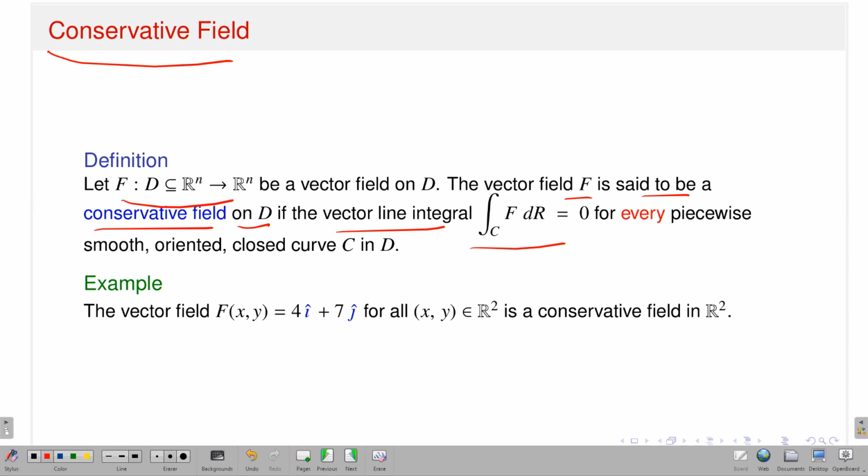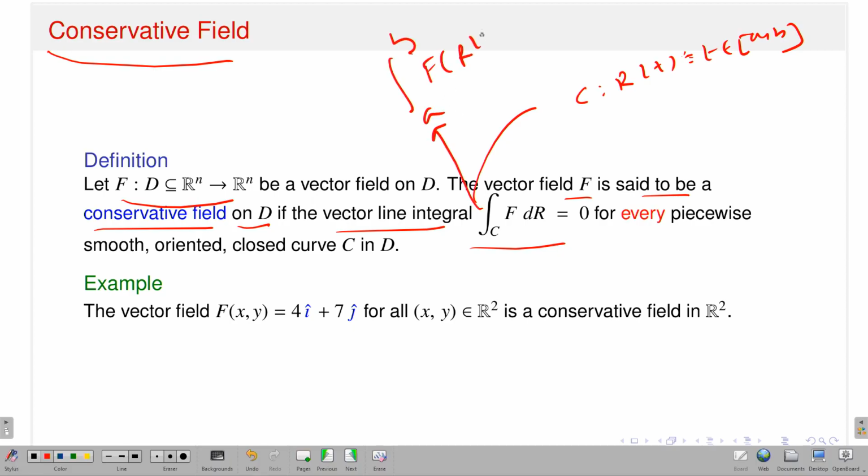But anyway, I already said that you can interpret this integral as follows: if C has the parameterization r of t, with t running over some interval a to b, then this integral is nothing but the integral from a to b of f of r of t dotted with r prime of t dt.